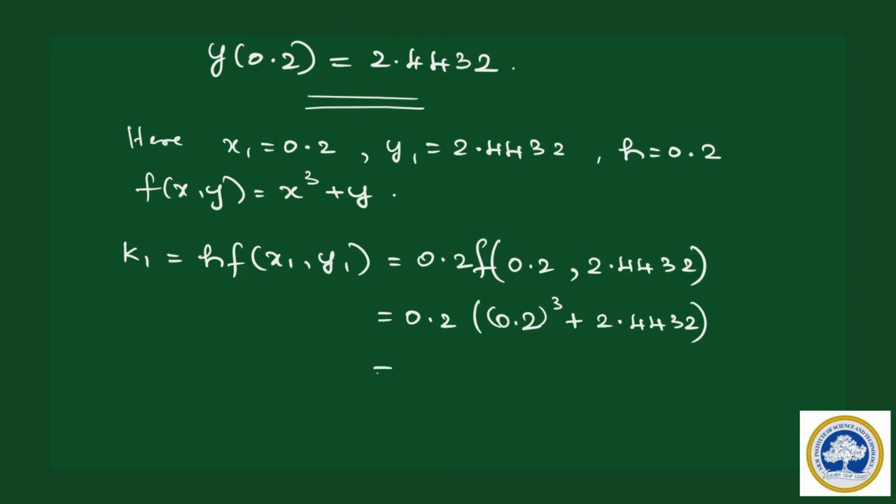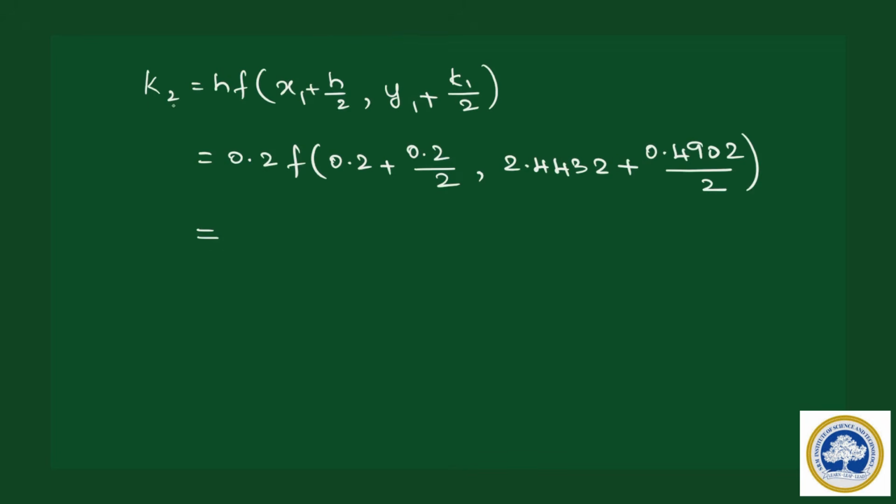So now this we have to calculate. If we calculate, this will give you 2.451. Okay, so after simplification it will give you 0.4902. So this is K1, right? Next we have to find out K2.